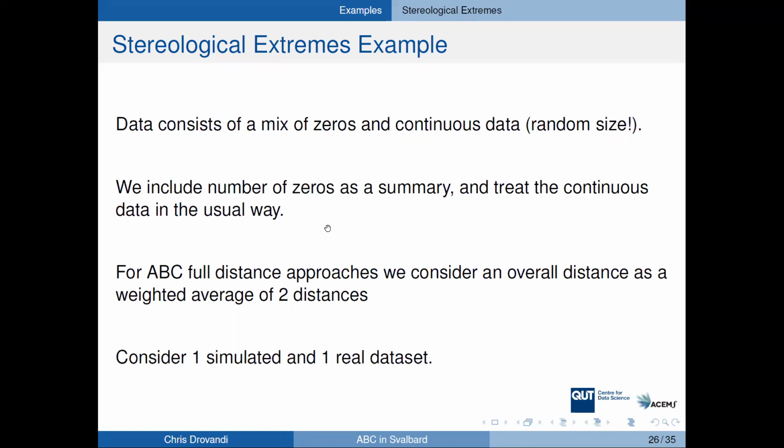For ABC, we had to combine the summary statistic with the distance, so we combined those 2 distances together to form an overall distance. And for this one, the model is much more computationally intensive, so we just considered 1 simulated data set and 1 real data set.